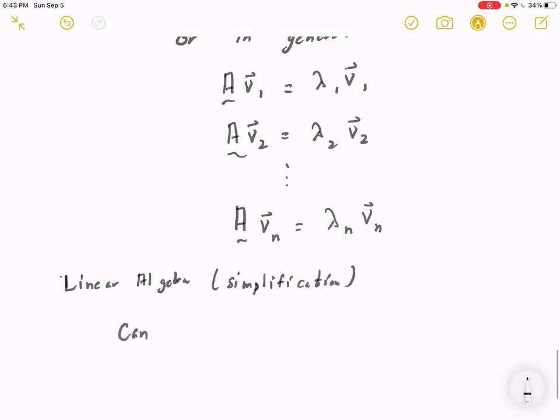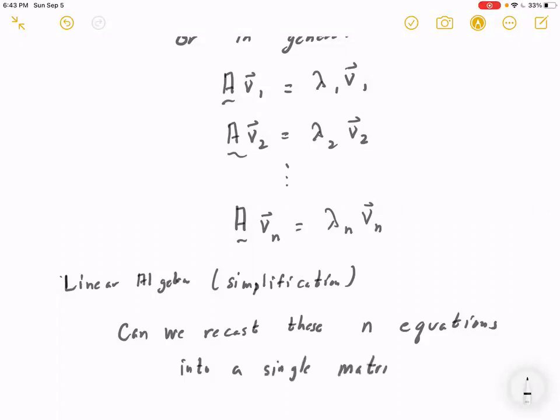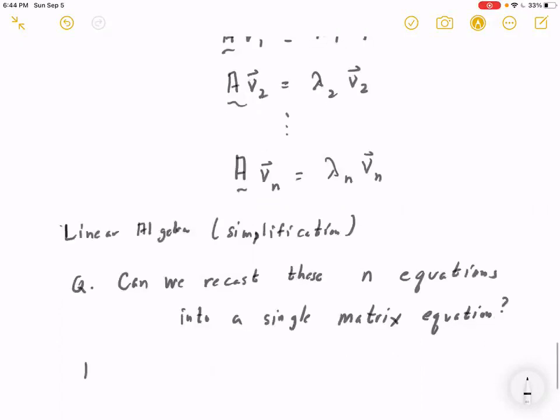So can we recast these n equations into a single matrix equation? That's the question, and the answer is yes, there's a way to do that.